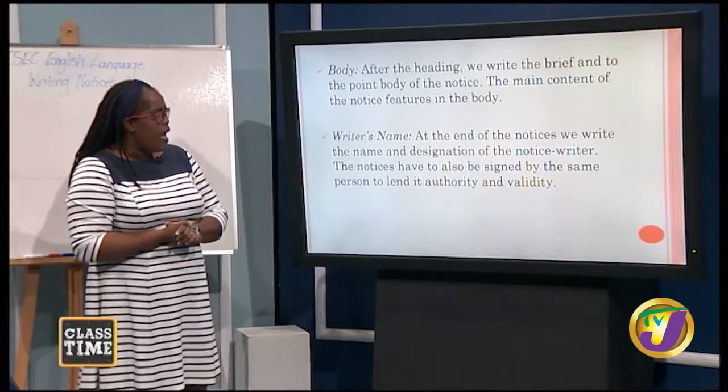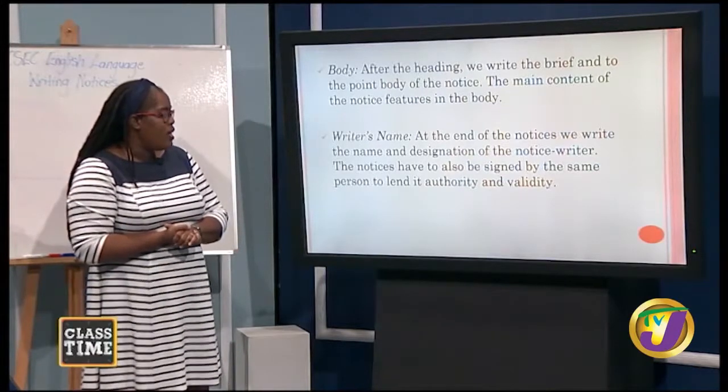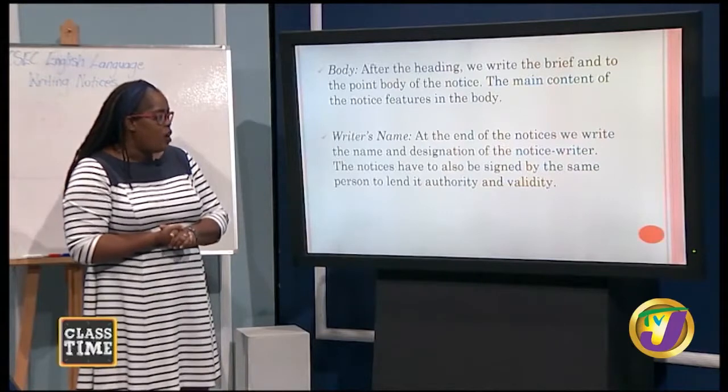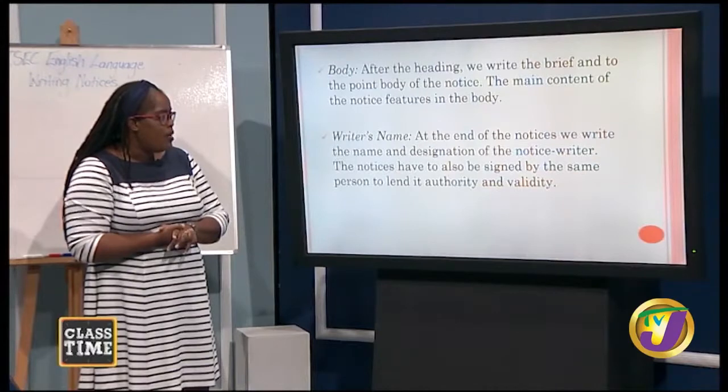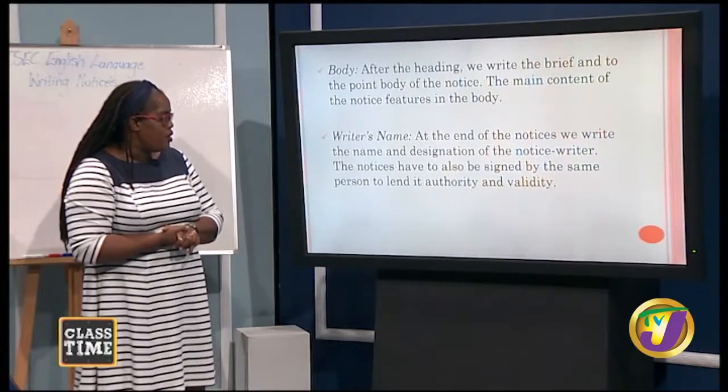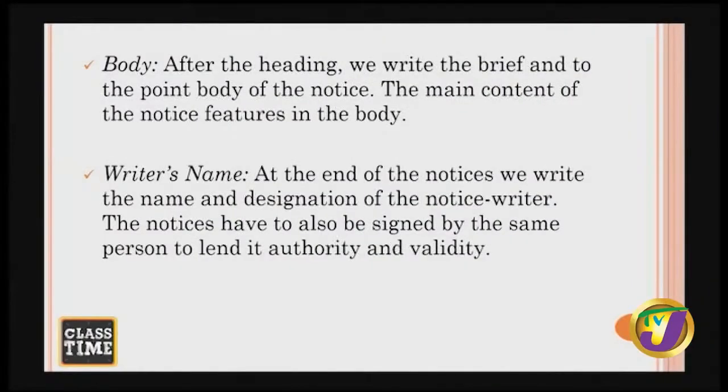Writer's name. At the end of the notice, we write the name and designation of the notice writer. The notices have to also be signed by the same person to lend it authority and validity. Now, think about it. I've seen notices like these quite a lot, say, at a financial institution where they have posted a notice on the door of the bank.